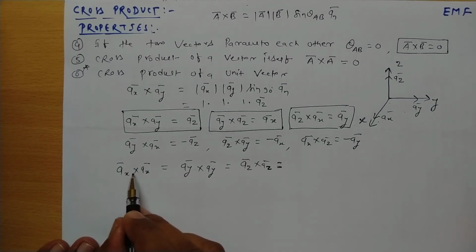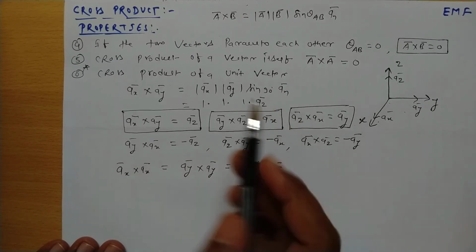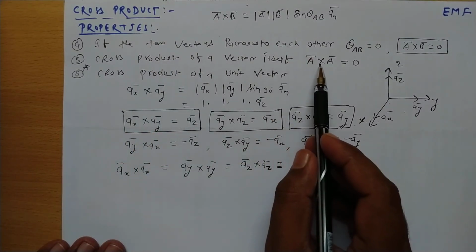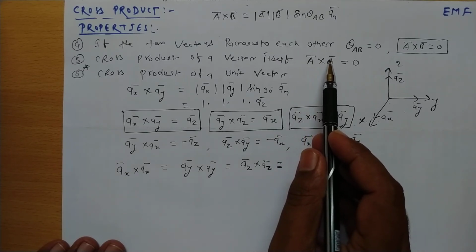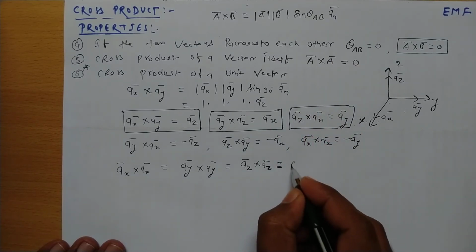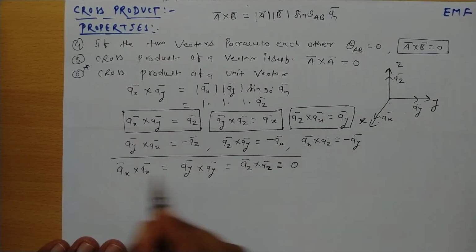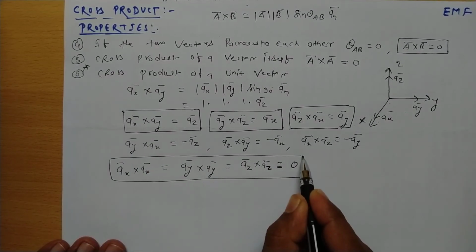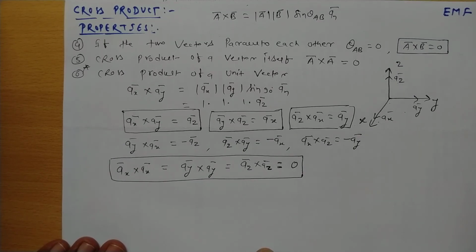Because these are unit vectors crossed with themselves, by the property we saw, if a vector is crossed with itself we get 0. So all these terms become 0. This again is a very important property for the numerical, so be careful regarding this. These are some of the properties of the cross product, and this is going to be very important for the numerical analysis. Thank you.